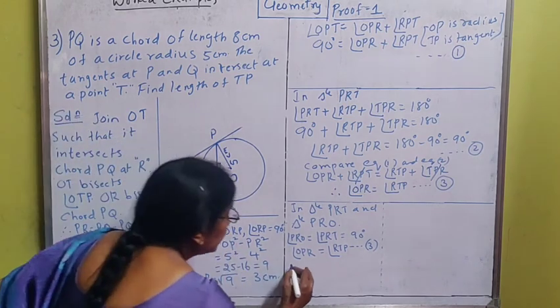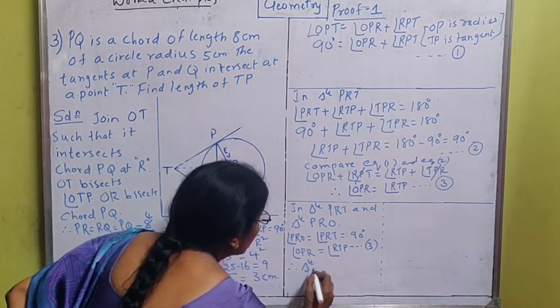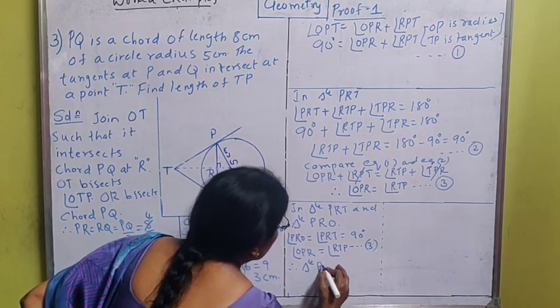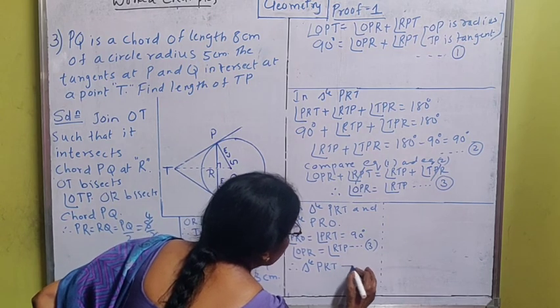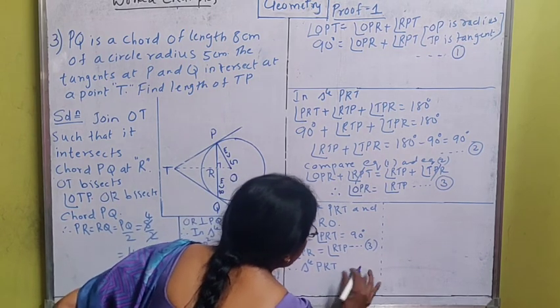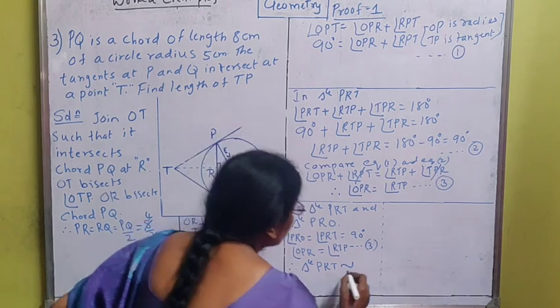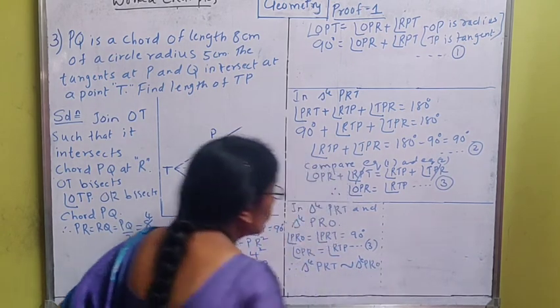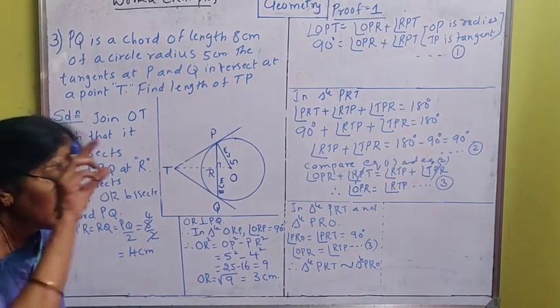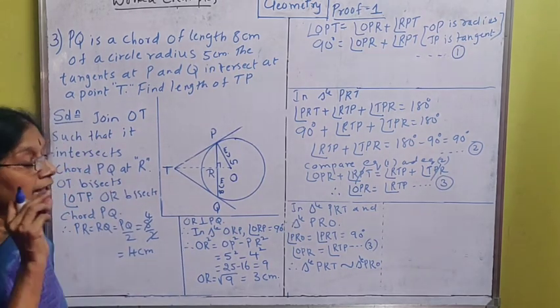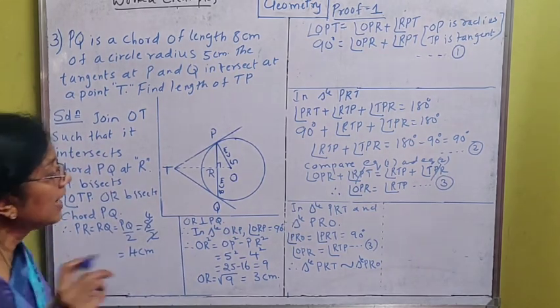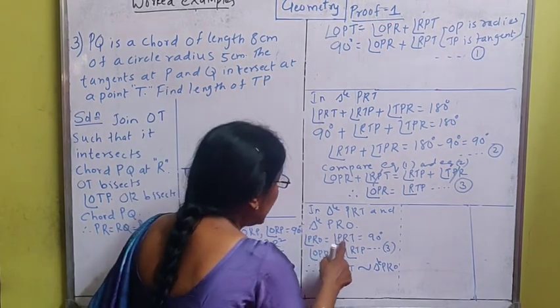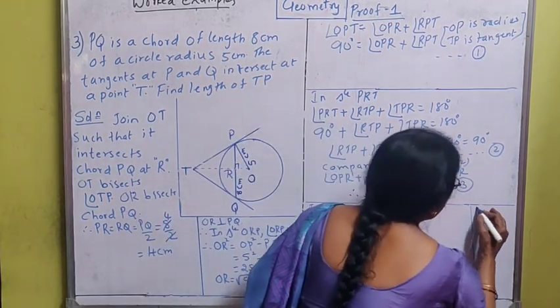So what happened? Therefore, triangle PRT is similar to triangle PRO. Now we have to see which vertices are corresponding to which vertices. So you can see R and R, they are corresponding to each other.